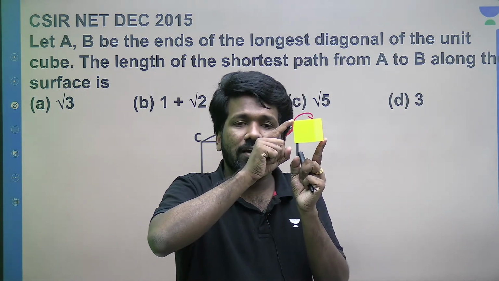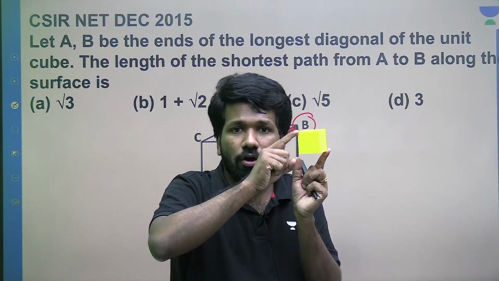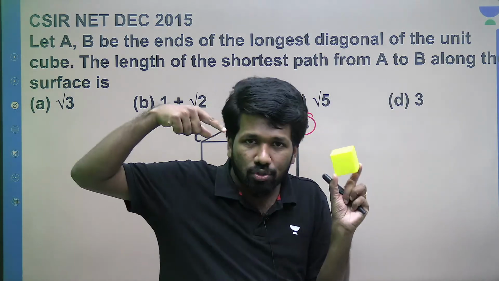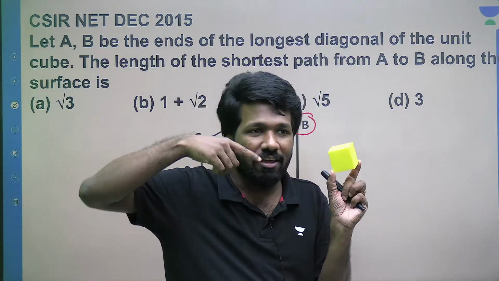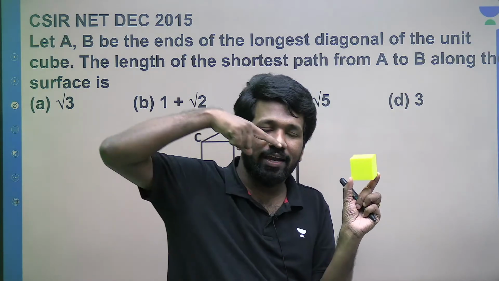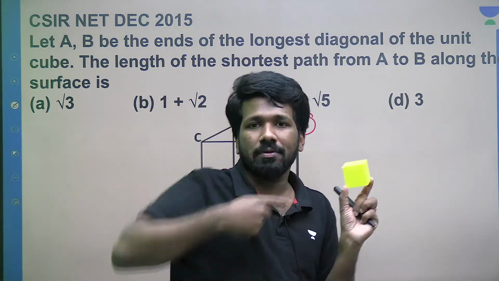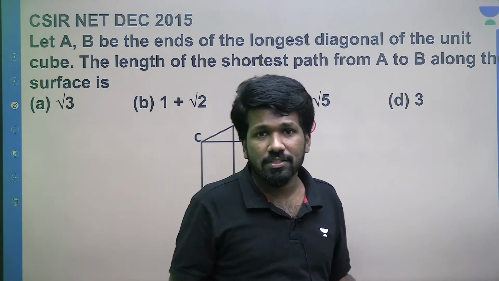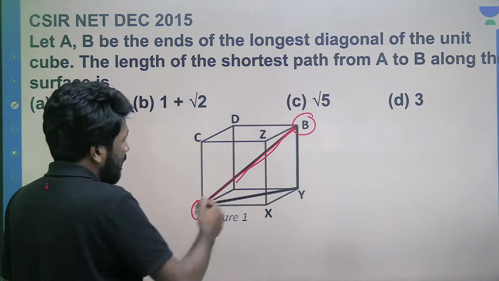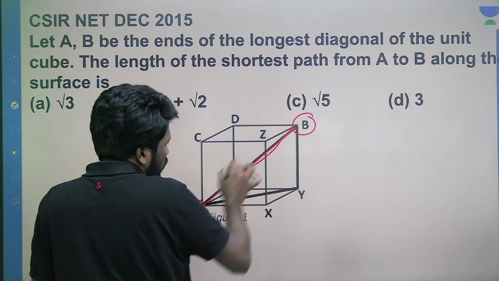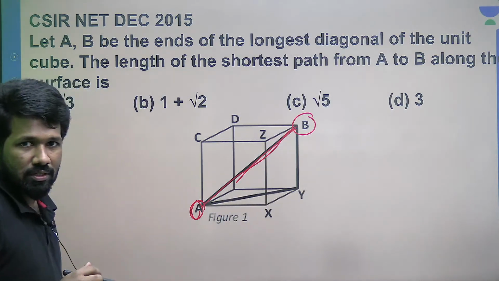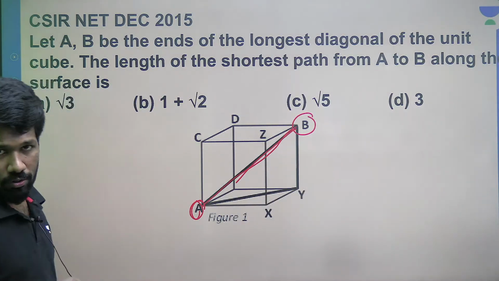That straight diagonal will not be through the surface. That is through the inside. If you want to make that diagonal practically, you have to pierce this shape. That is why it is not through the surface. What I am saying is, AB is not through the surface. That is why option A is wrong.